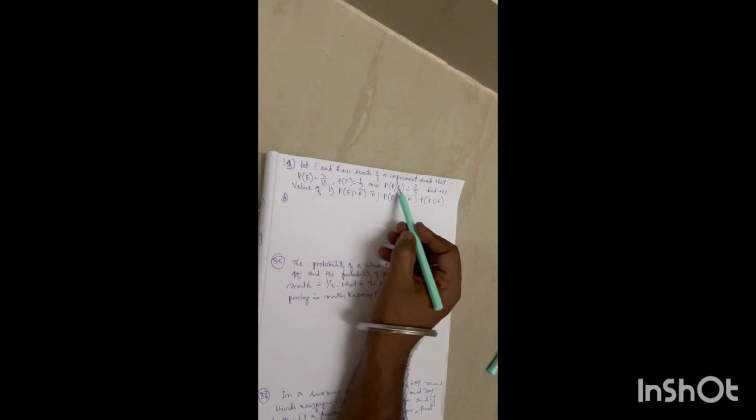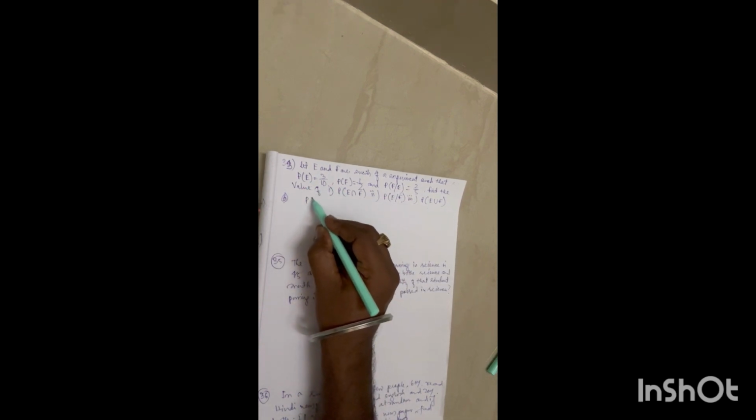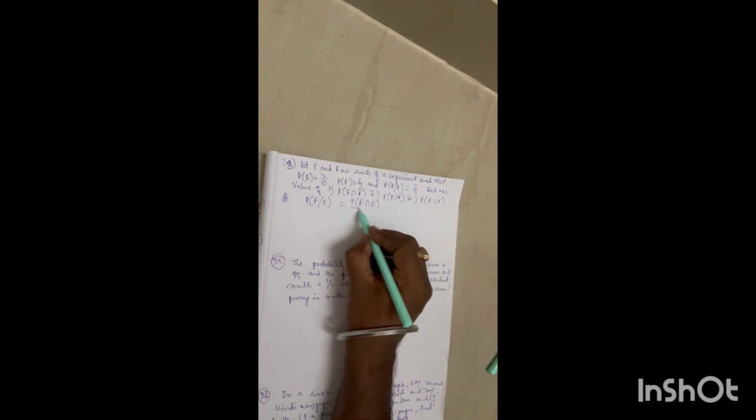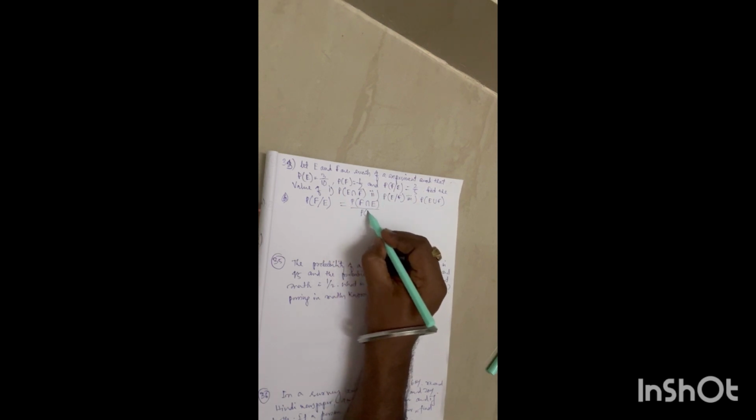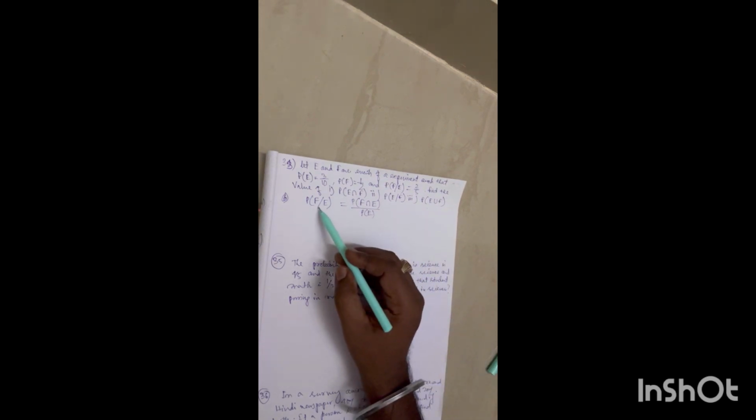So first of all, we will put the formula in terms of F and E. Now if I want to calculate F given E, this is just F intersect E by probability of E. This is the orientation of any two events that are interdependent, where one event has already happened and the other event is yet to happen.